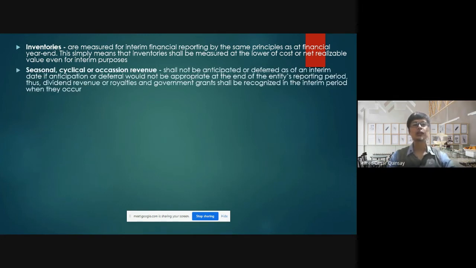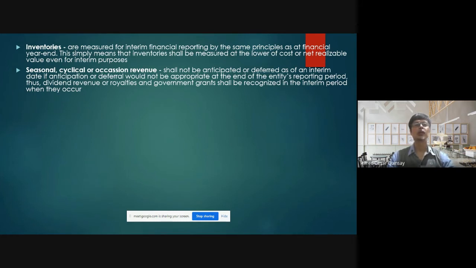And then seasonal, cyclical, or occasional revenue shall not be anticipated or deferred as of interim date if anticipation or deferral would not be appropriate at the end of the entity's reporting period. So, thus, dividends, revenue, or royalties and government grants shall be recognized in the interim period when they occur.